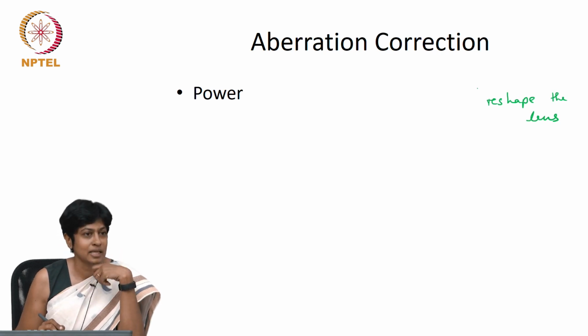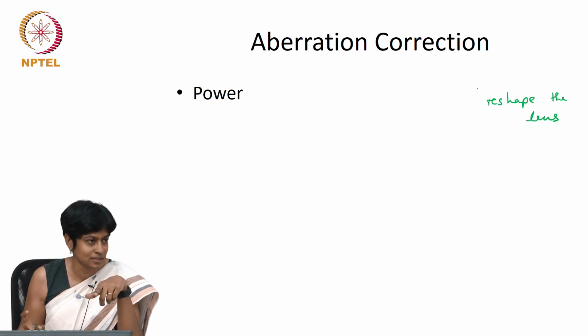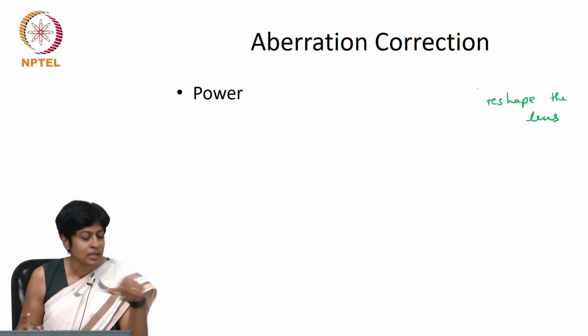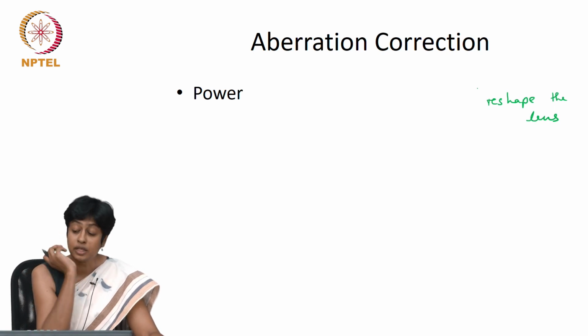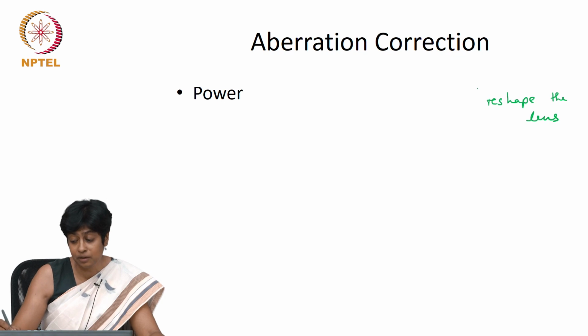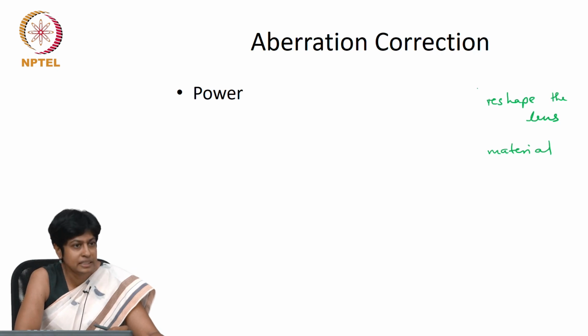One of the answers came up, you can play around with the power of the various lenses in the system, right? What else? Okay, you can play around with the material. He said refractive index, so maybe play around with the material. Okay, what else?